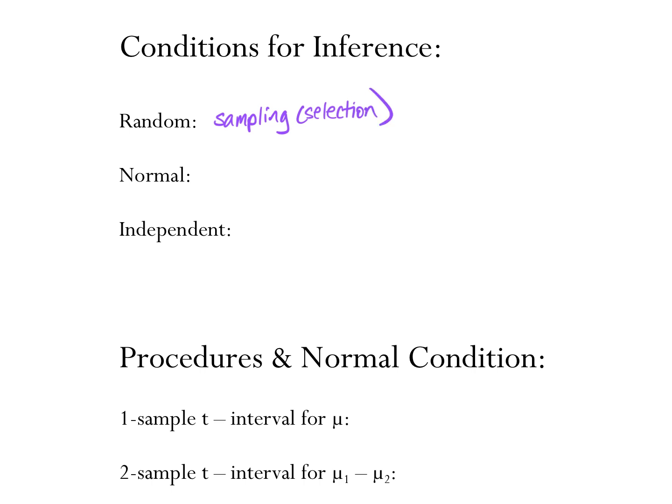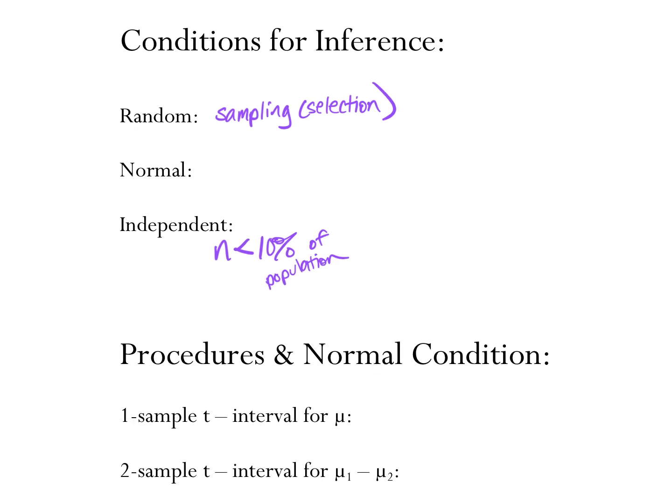And if that's the case, we check our independence condition with that 10%. Our sample size is less than 10% of our population size. Okay. And if we could also select it by random assignment of treatments.